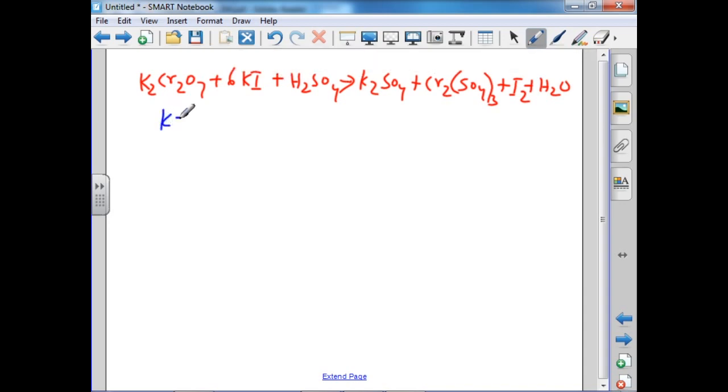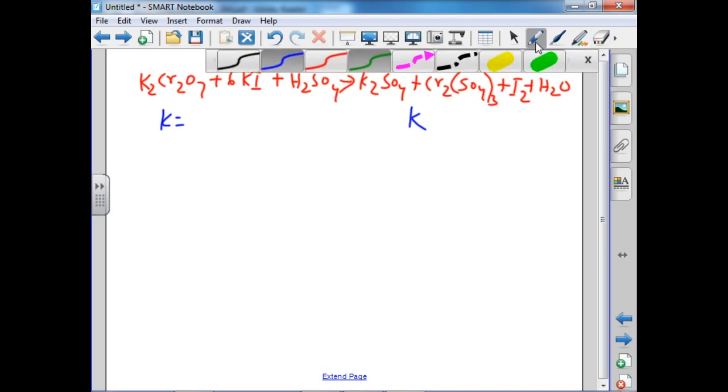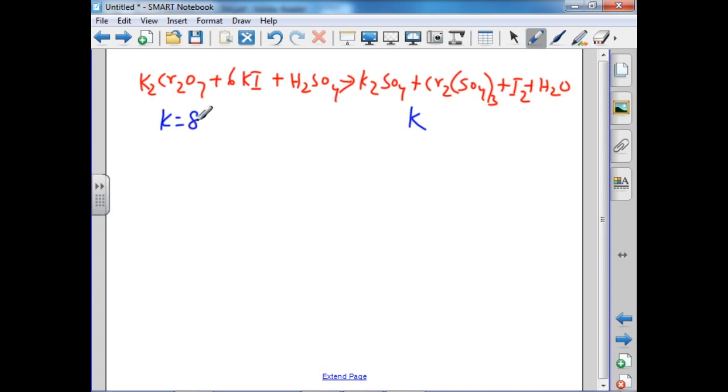First potassium: 8 atoms from the reactant side, but the product side has only 2 atoms, so multiply by 4 to get 8.